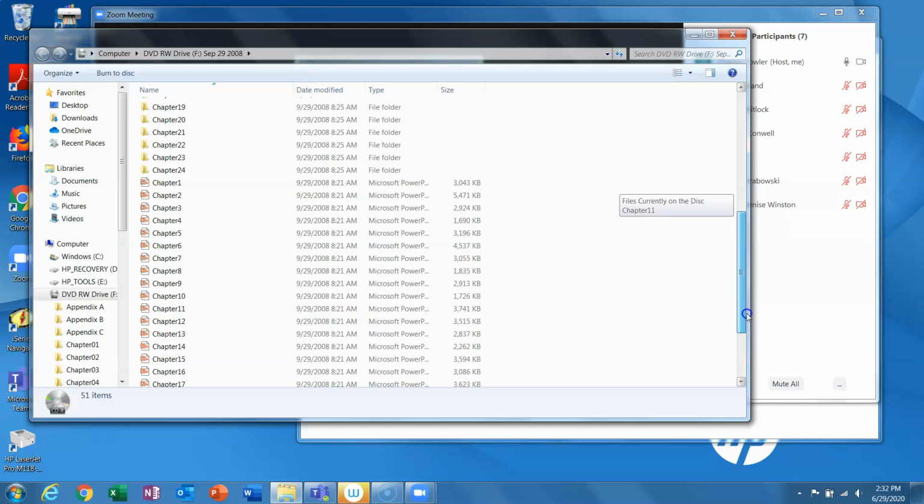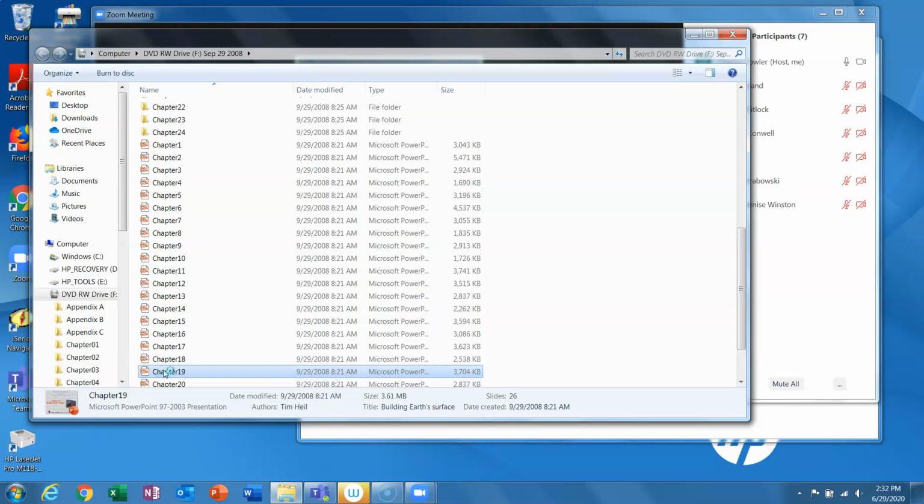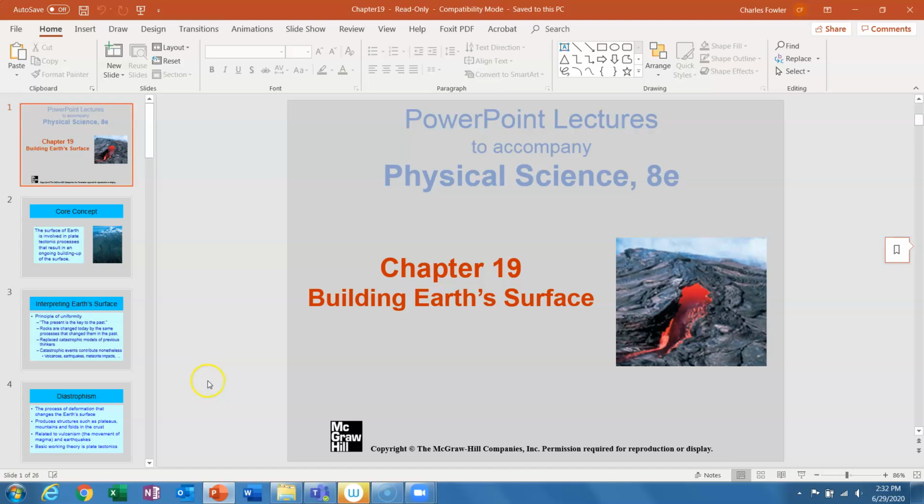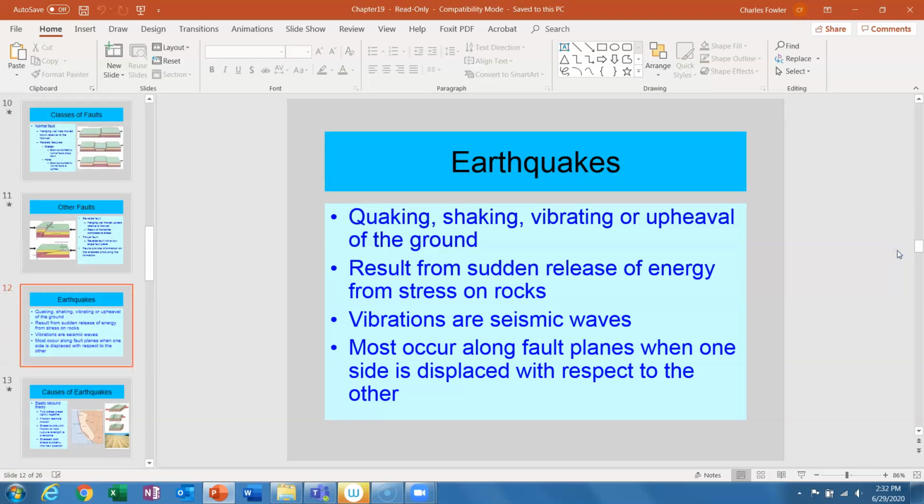And we are in chapter 19 now. Okay. And I think we were along about this slide where it was measuring earthquake strength.